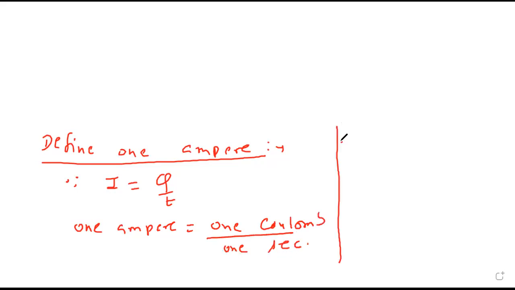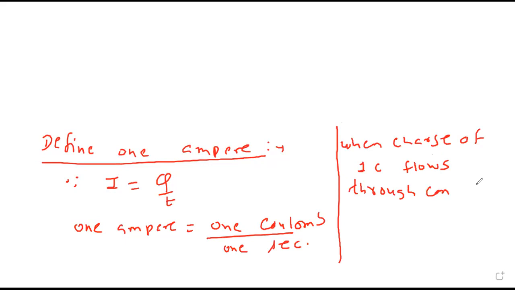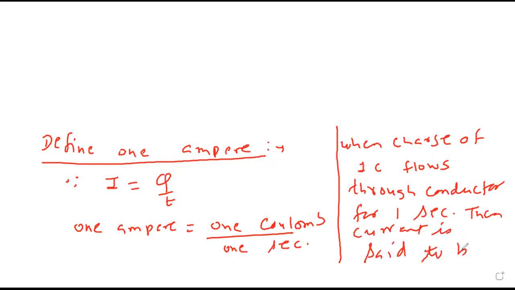So we say when charge of 1 coulomb flows through a conductor for 1 second, then current is said to be 1 ampere. Right, definition of 1 ampere.